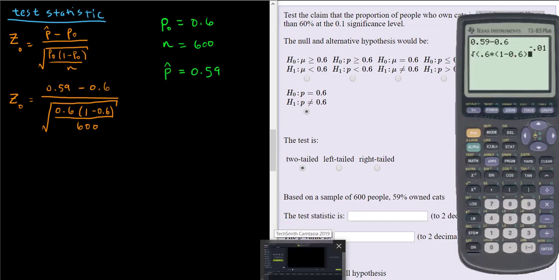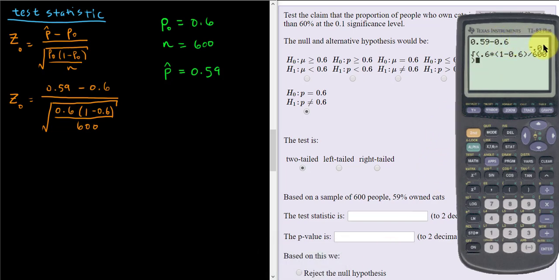Okay, I have whipped open my calculator and I have started typing away the numerator. That's an easy one. The denominator, we've got a big square root, 0.6 times 1 minus 0.6 divided by 600. Ooh, that's a very nice number. We've got now a negative 0.01 divided by 0.02.